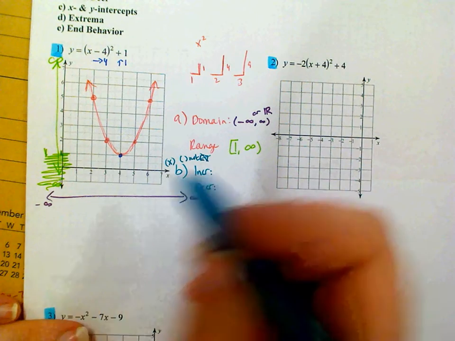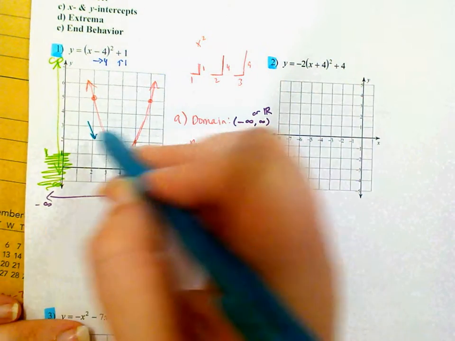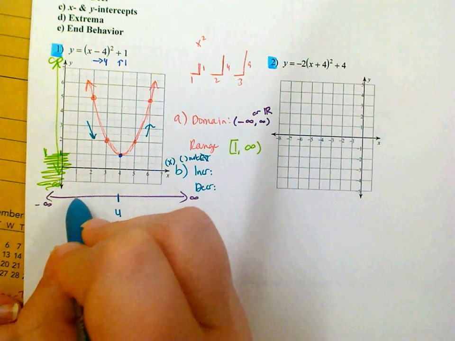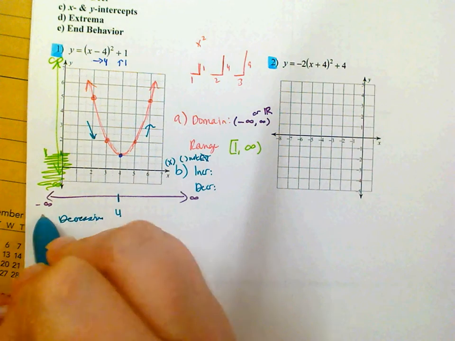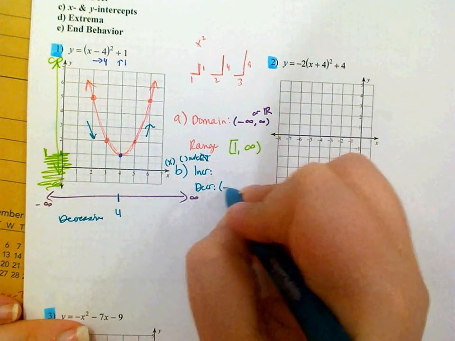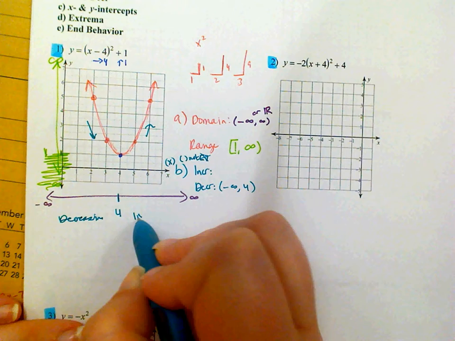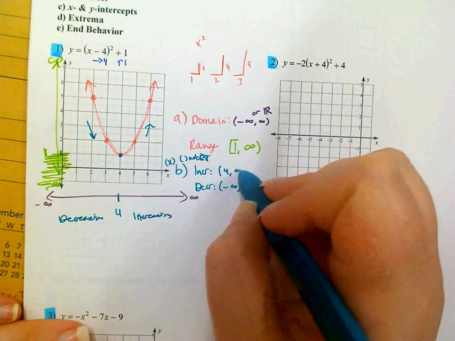So on the x-axis, I see that at 4, I stop decreasing and start increasing. So I would say I am decreasing from -infinity to 4. And then I am increasing from 4 to infinity. And there we go.